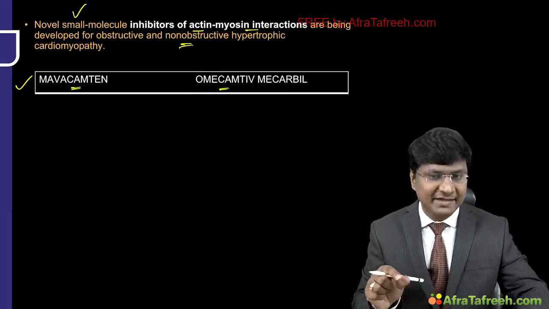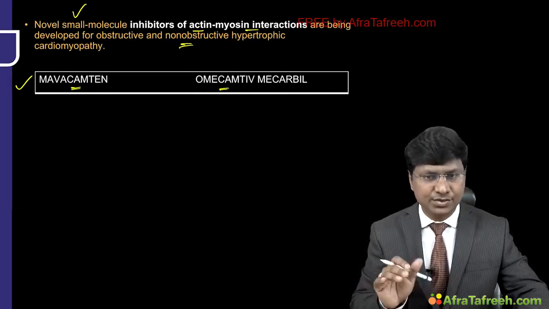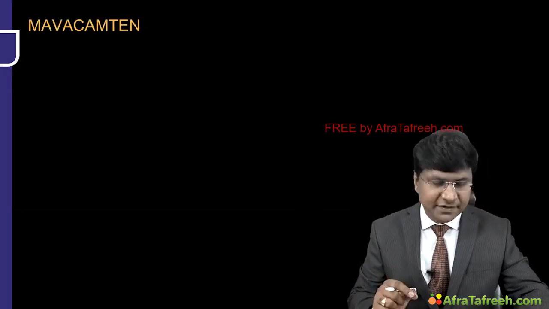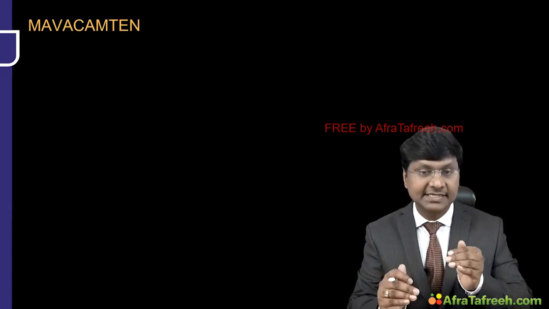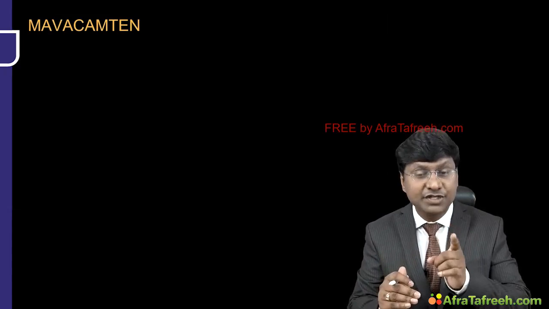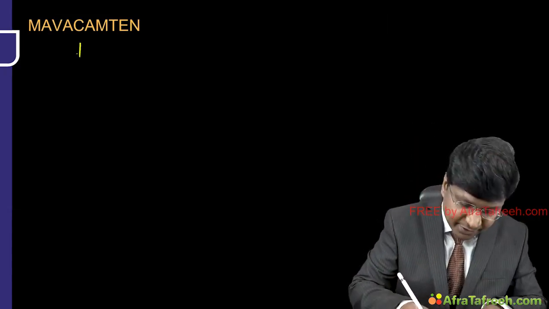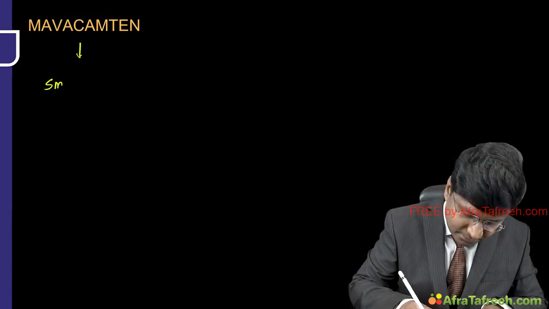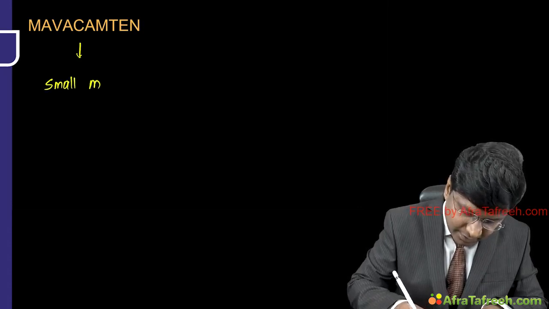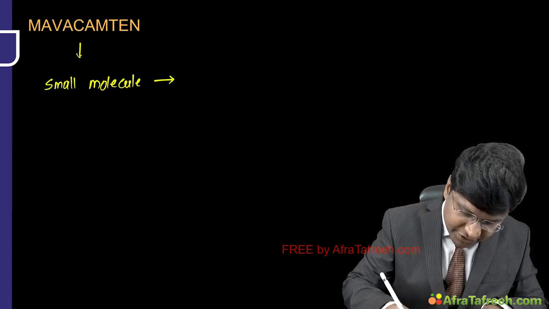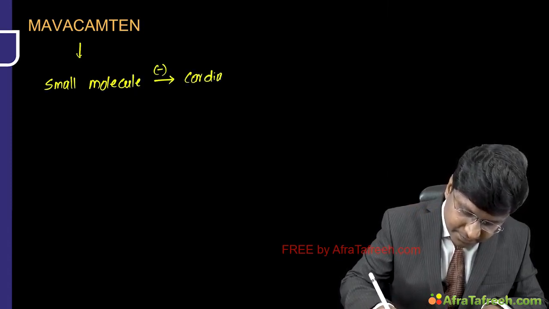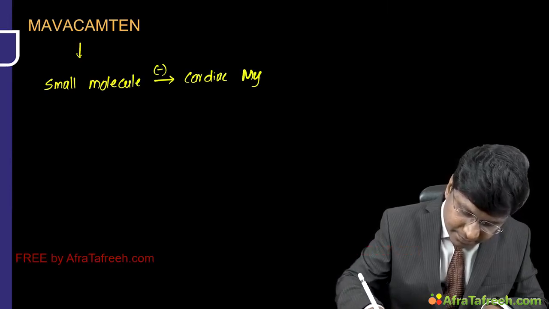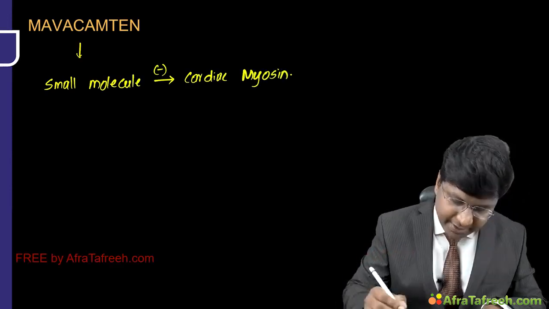But there is a slight difference in the mechanism of action between these two. Let me try to explain. The first drug is mavacamten. This mavacamten is a small molecule which inhibits cardiac myosin.